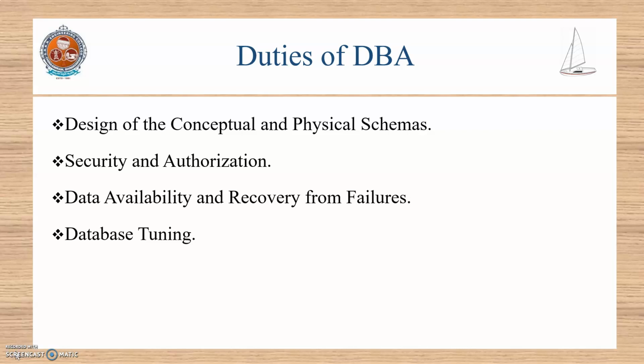Security and authorization. The DBA is responsible for ensuring that unauthorized data access is not permitted. In a relational DBMS, users can be granted permission to access only certain views and relations.